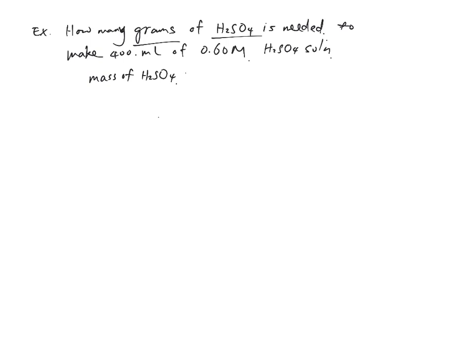Well, if I can figure out the moles of H2SO4, I can always do that. All I need then is the molar mass. Well, how do we get moles of H2SO4? You have something that already has moles in it, right? This is 0.60 mole of H2SO4 per 1 liter of solution.